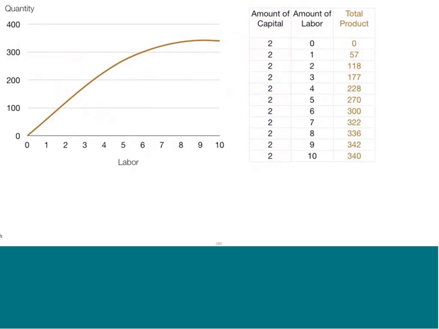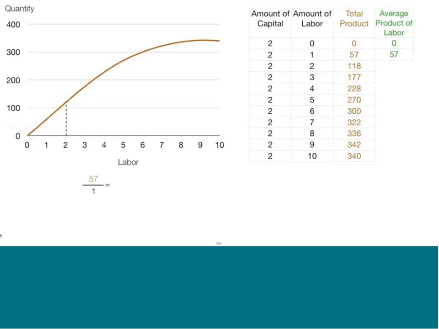Now, if I want to calculate average product of labor, the way I do that, for example, I take 1 labor unit, and that equates to a quantity of 57, for a total product of 57. Then I take 57 divided by 1, and this is equal to 57, which is the average product of labor. Let me do another example.